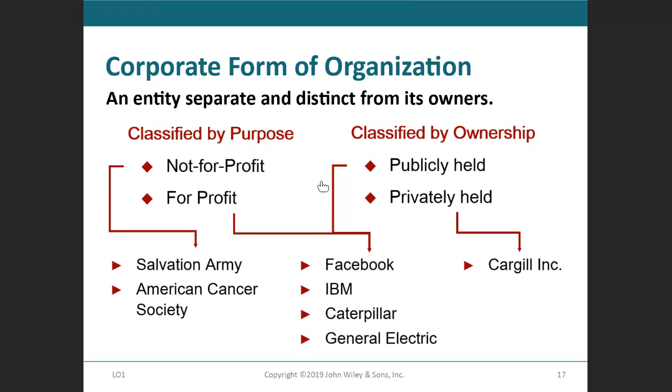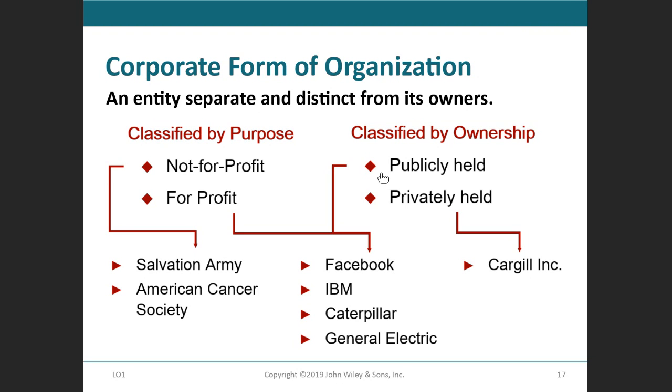And then the for-profit entities can be classified into two categories. One is publicly held and the other is privately held. Publicly held are those companies whose stocks are sold in the stock market. So we have about 40 companies in Qatar that are publicly traded, right? Ooredoo, Vodafone, Qatar Petroleum.